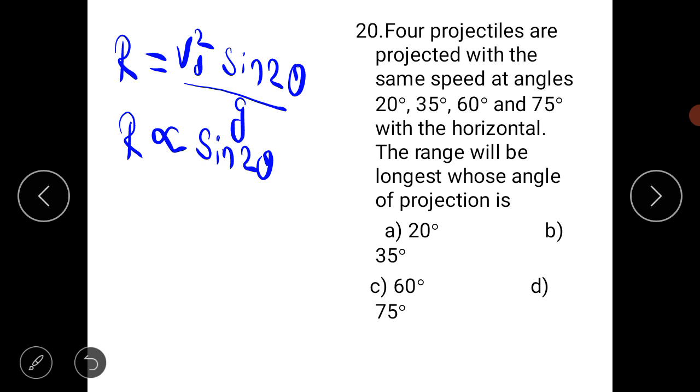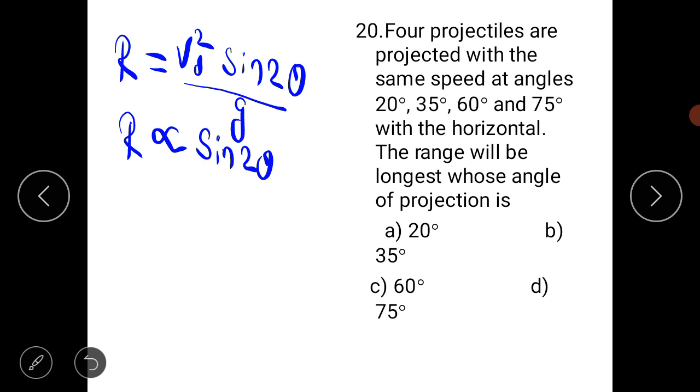Sin 120 we write as 180 minus 120, which is 60 degree. It is less than 70. 75 into 2 is 150, 180 minus 150 is 30, so it is also less.